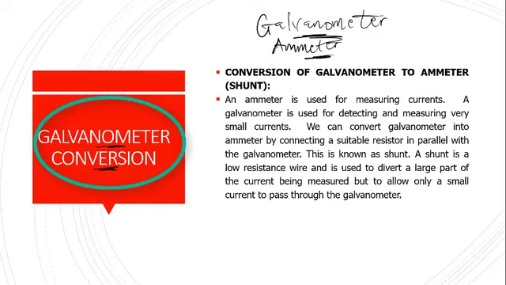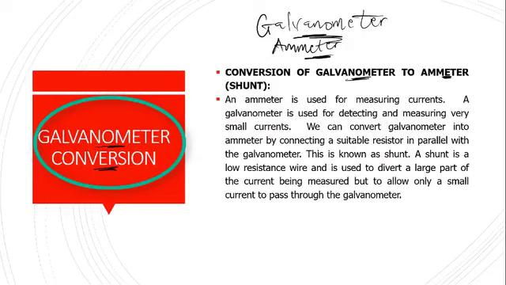Now, there are times when we may need to measure big amounts of current, but we don't have an ammeter, and all we have with us is a galvanometer. For it to be able to measure huge amounts of current, we need to convert it to an ammeter.